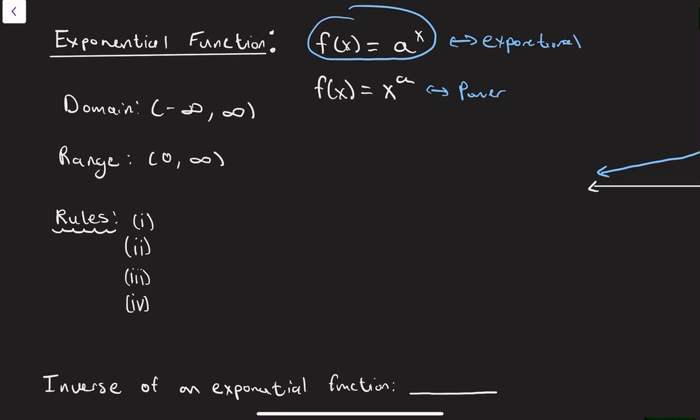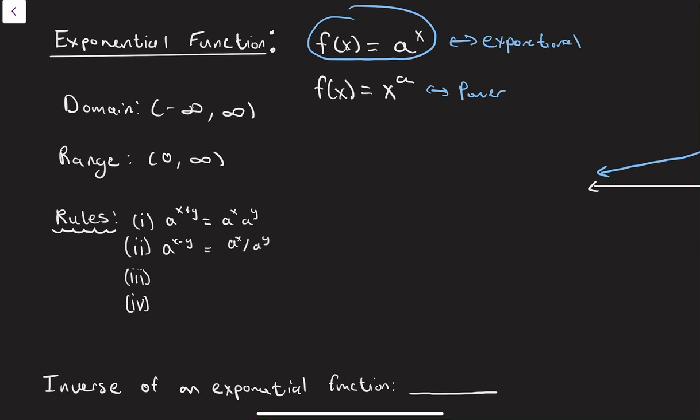So to start, let's look at defining some of the rules that go with exponential functions. We have a^(x+y) is equal to a^x times a^y. We have a^(x-y) is equal to a^x over a^y.